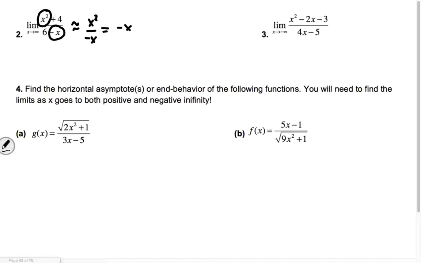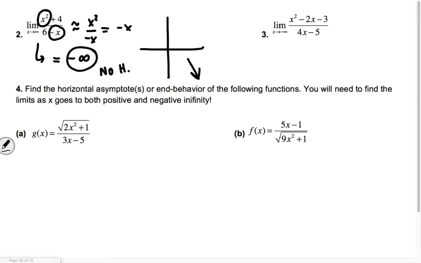So what happens when I plug in a really big thing for x? It goes to negative infinity, right? So this equals negative infinity. Is there a horizontal asymptote then? No, because the end behavior as you go to the right side of your graph, it's going downwards. So there's no horizontal asymptote.